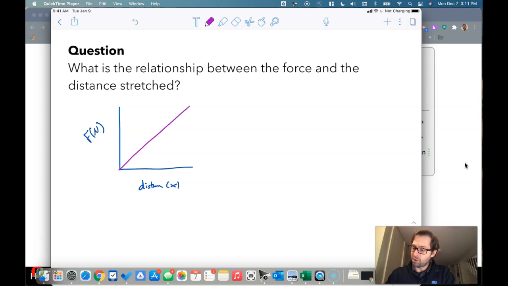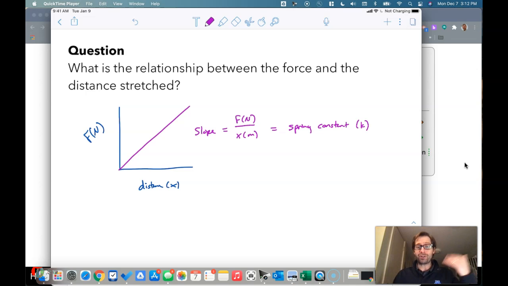The slope of that line is equal to the force in newtons divided by the distance x in meters, and that value of the slope is equal to something called the spring constant. That has a symbol as well. We often use a lowercase k to represent the spring constant.